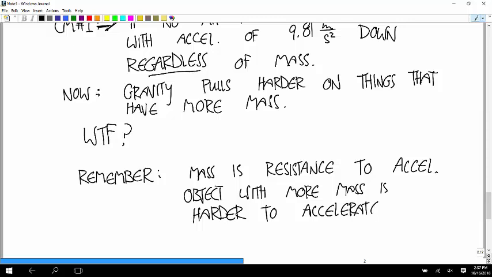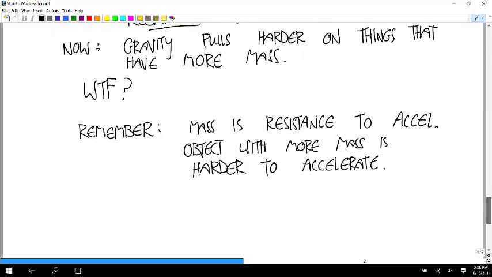Remember the picture I drew of the giant football player about to run into the little football player? And I said that the little football player is going to accelerate a ton. The big football player is not going to accelerate much. In other words, in order to make the big football player accelerate as much as the little football player, you have to apply a much bigger force to the bigger person.